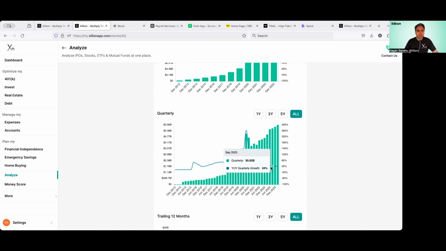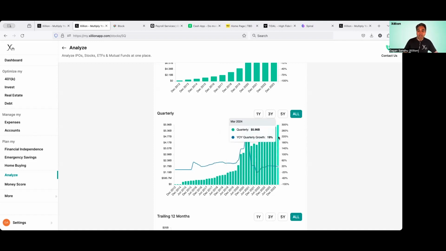20%, 24%, 25% growth. Now you can see again the growth that Square enjoyed in the years before COVID. It's kind of coming back, even though it was at a slightly higher clip of 40-50%, and now it's at about 20%.